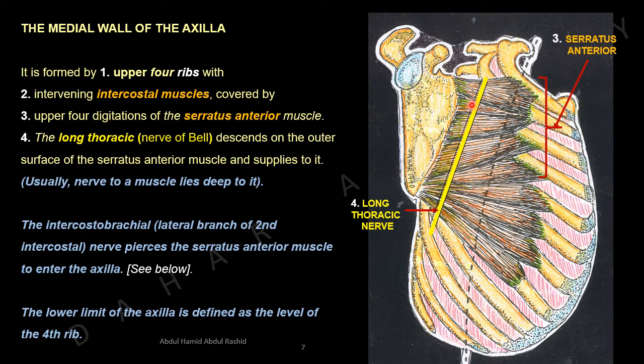But in this case, it is unusual. The intercostobrachial lateral branch of second intercostal nerve pierces the serratus anterior muscle to enter the axilla. See below. The lower limit of the axilla is defined as the level of the 4th rib.